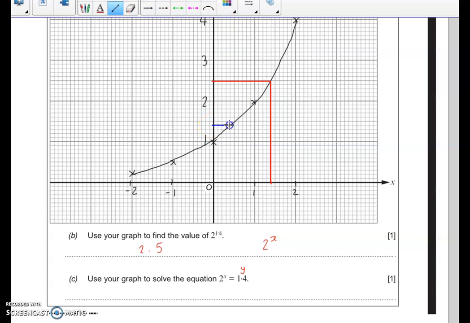So 1.4 is there. And then down. And that comes out at about 0.4. Possibly you might get 0.5. Depends on how well you drew your curve. So 2.5 for part B and 0.5 for part C.